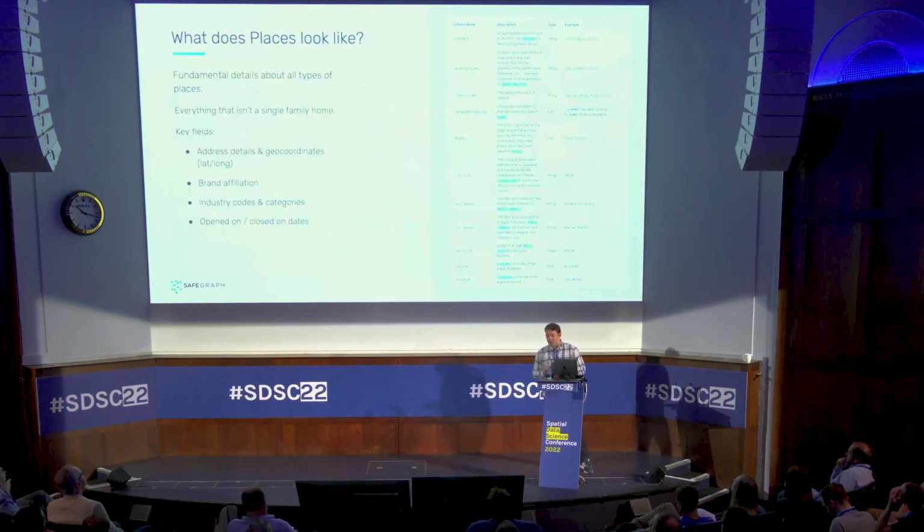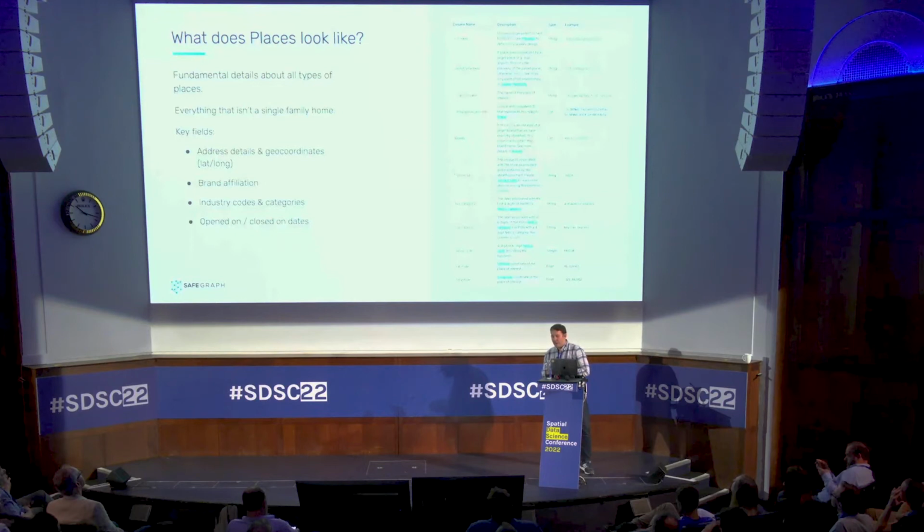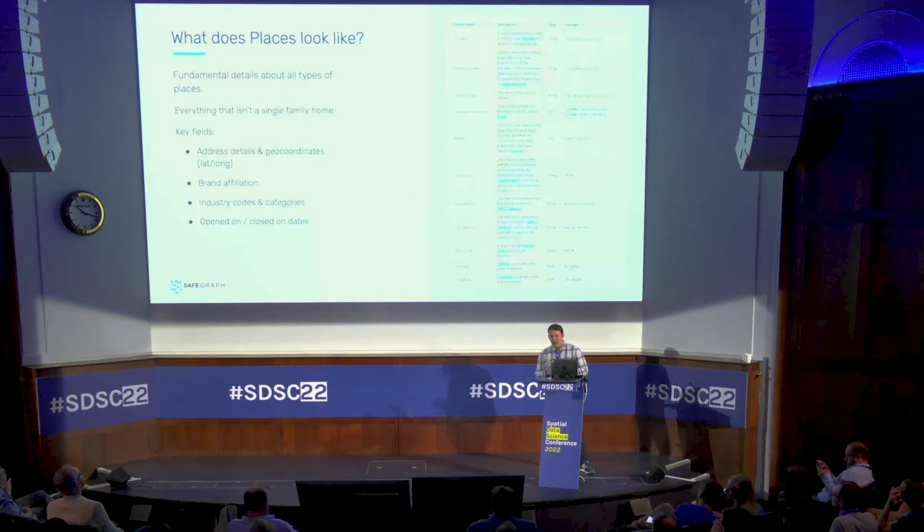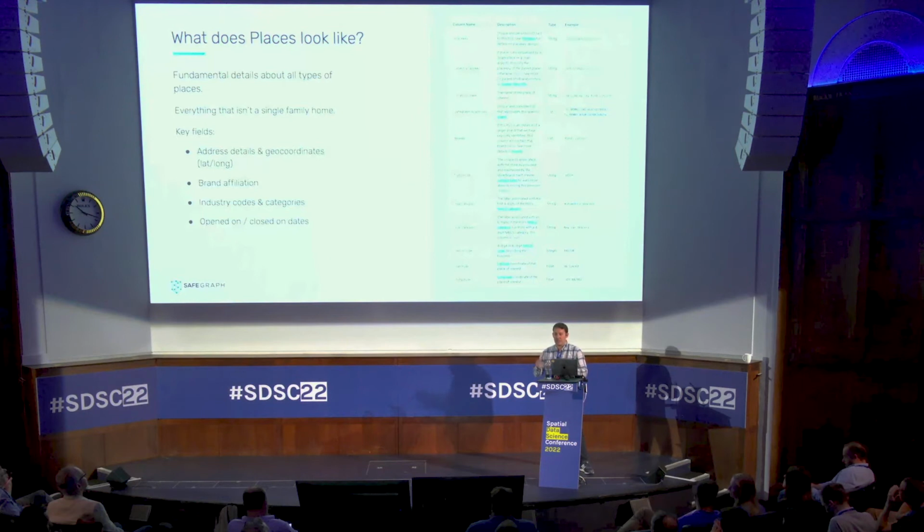Of course, on the SafeGraph side, we take a fairly opinionated view to different types of points of interest. Of course, some of the bare basics being names and geocodes. But one of the things that we focus on, that I think quite a few might be interested in as well, is brand affiliations.